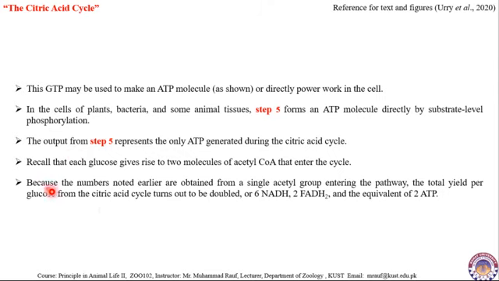Now, what is the end product of Krebs cycle? The end product is 6 NADH, 2 FADH2 and 2 ATP.